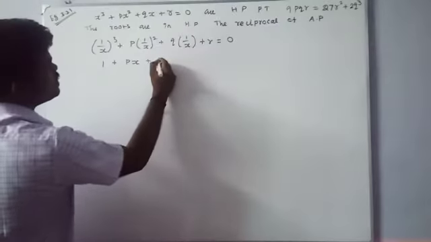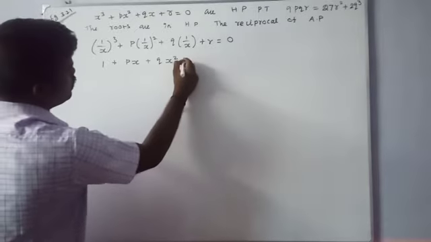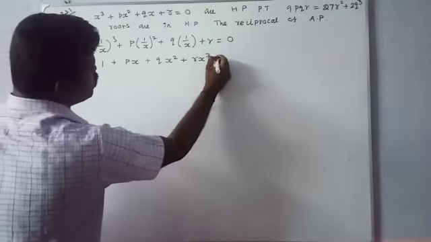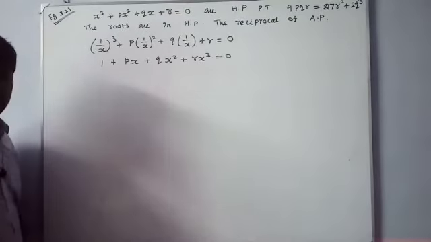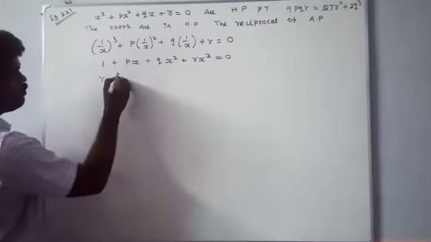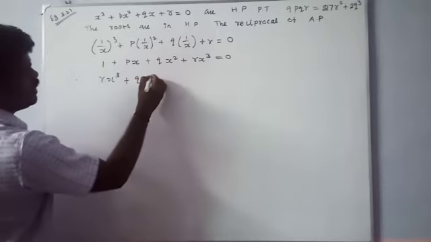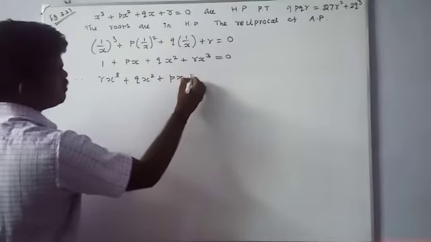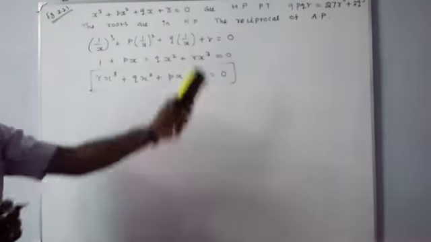Here x square, multiplying by x cube, we get x, plus q x square plus r x cube is equal to 0. Therefore, the equation can be written as r x cube plus q x square plus px plus 1 is equal to 0. Now we want to change the equation by the roots of arithmetic progression.